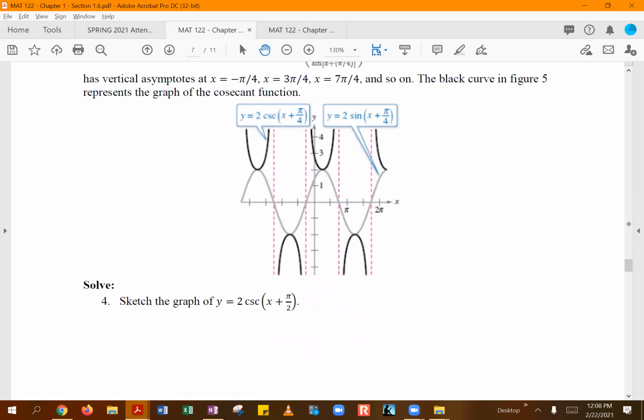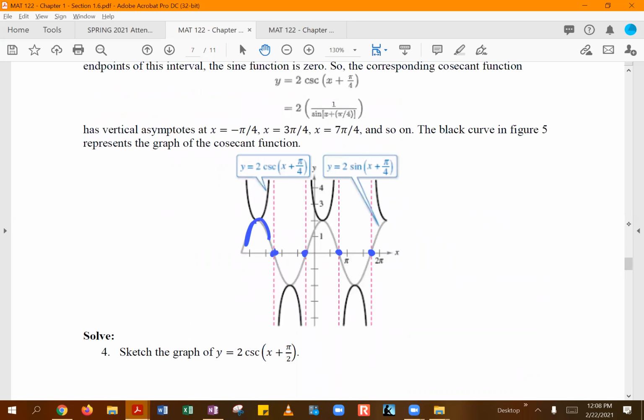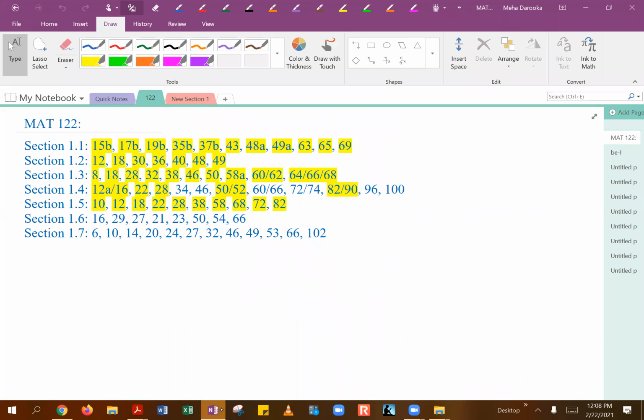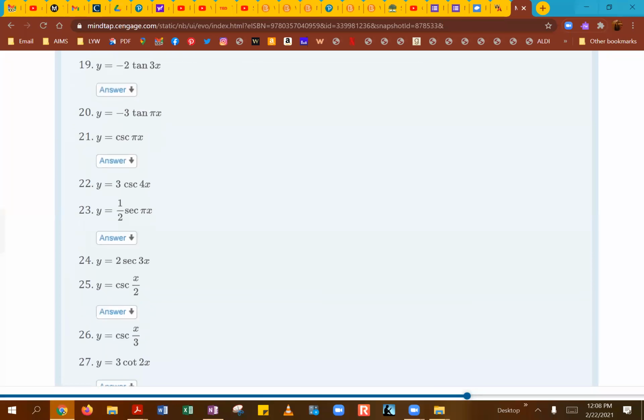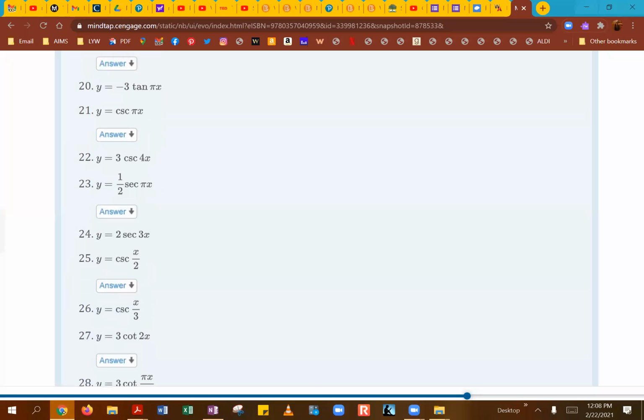You can see in the gray, we first graph the sine function, and then everywhere that you have the intercepts, we have our vertical asymptotes, and then the hills become valleys, and the valleys become hills. So let's try to use this in our example over here. We're looking at number 21.